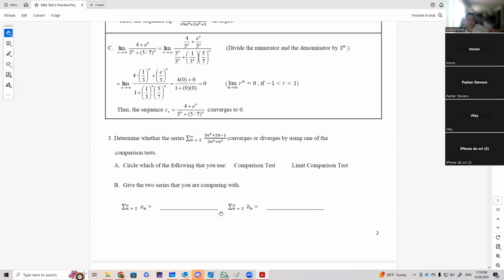Okay, sounds good. Notice that the trick is that for this particular series, you have powers on the top, powers on the bottom. You want to check who the biggest power is. The biggest power on the top is n cubed. The biggest power on the bottom is n to the 4. Does that make sense?